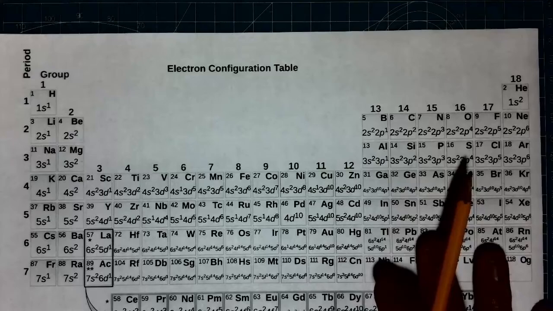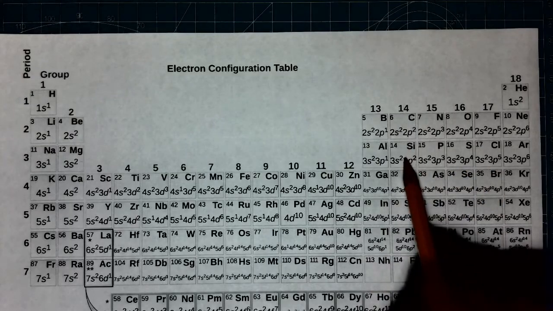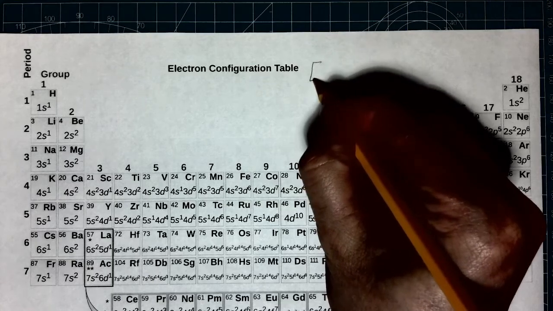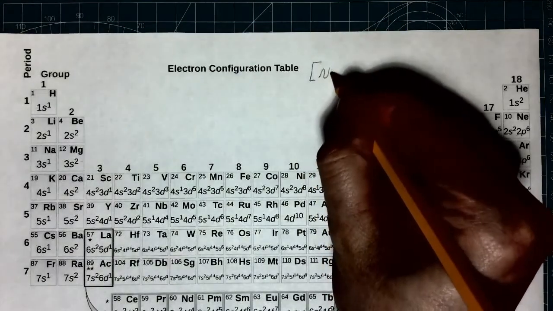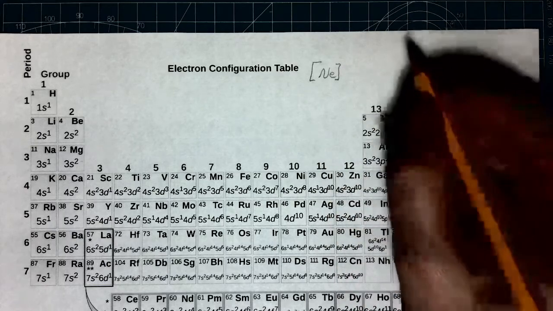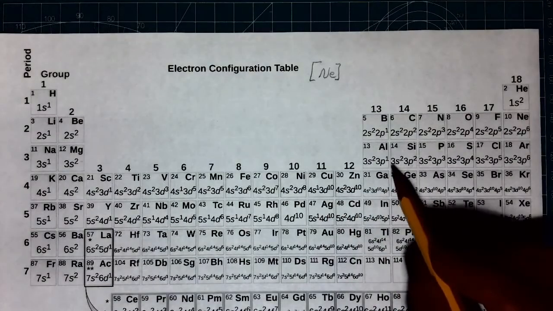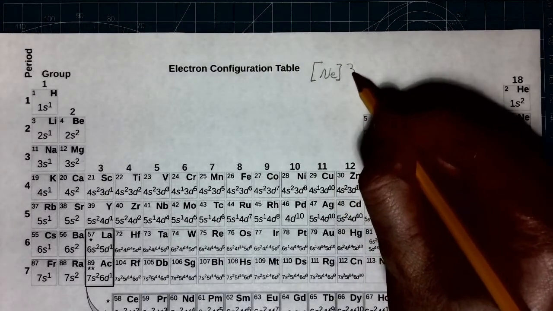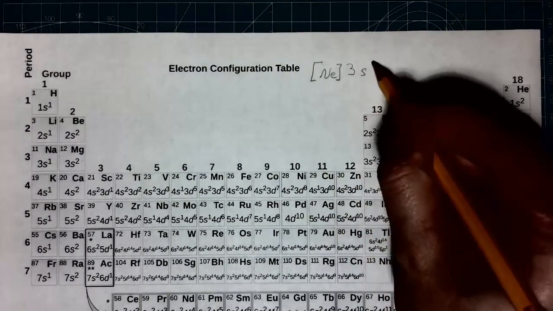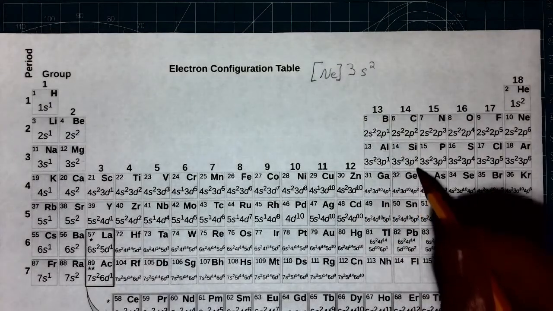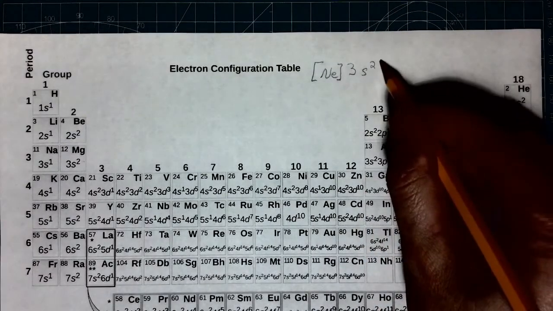And I would write the electron configuration for silicon as neon, and then this piece right here: 3s2, 3p2.